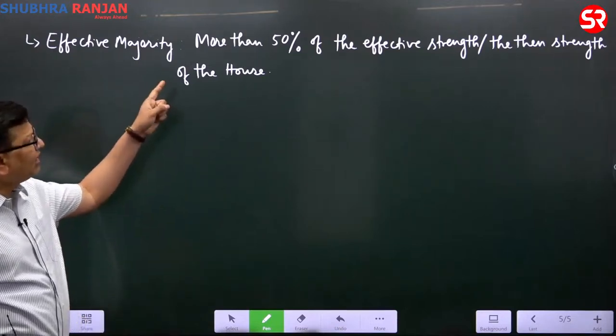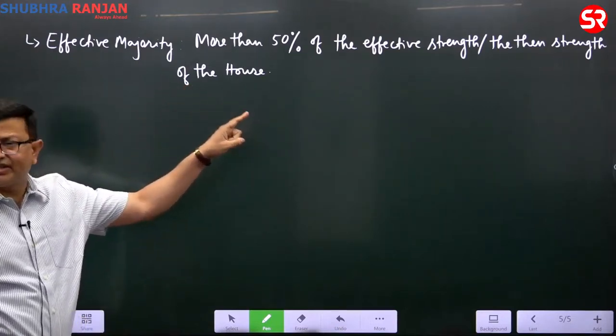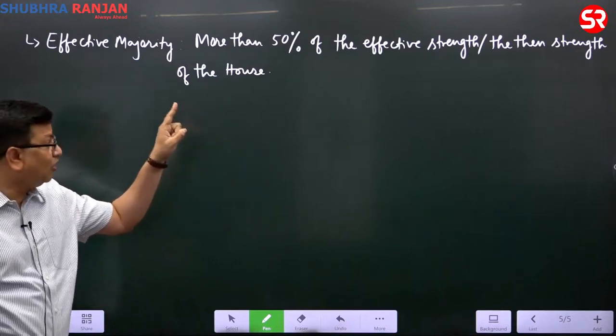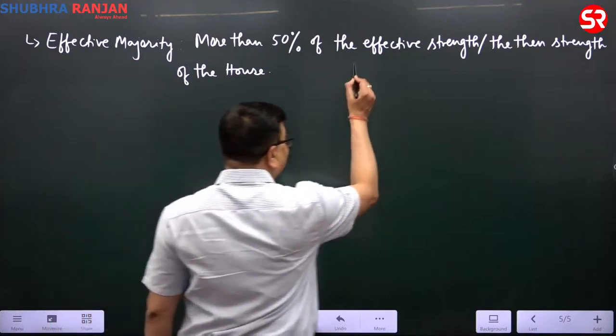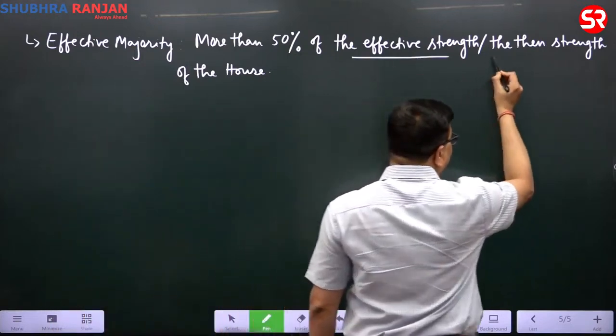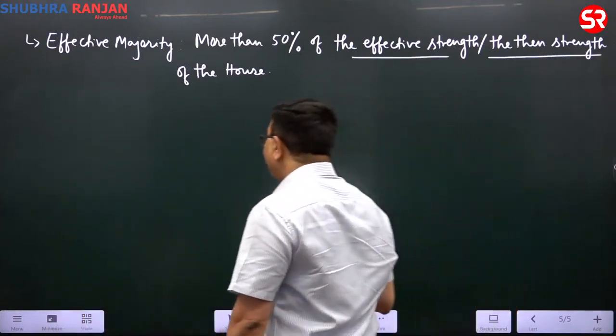What we have written, more than 50% of the effective strength. Earlier it was of the total strength. Here we have written the effective strength or the then strength of the House.